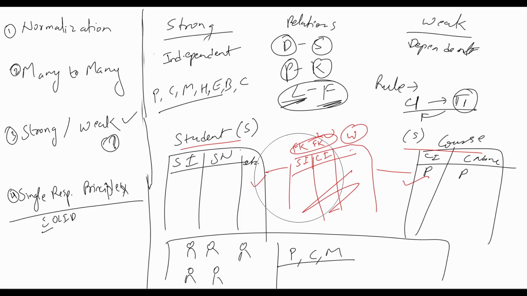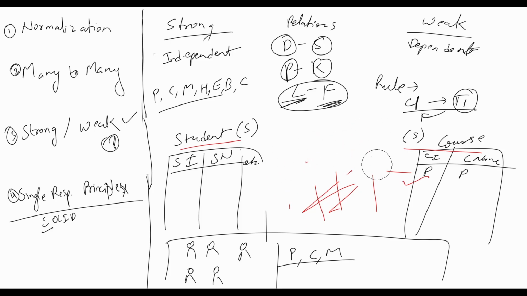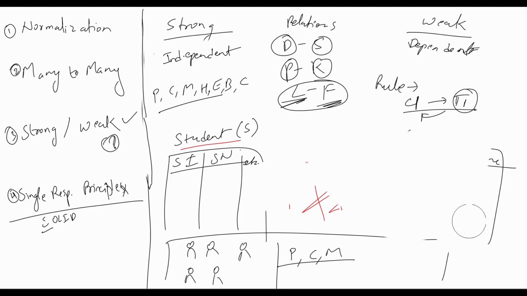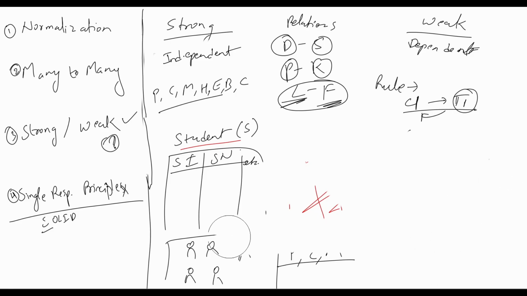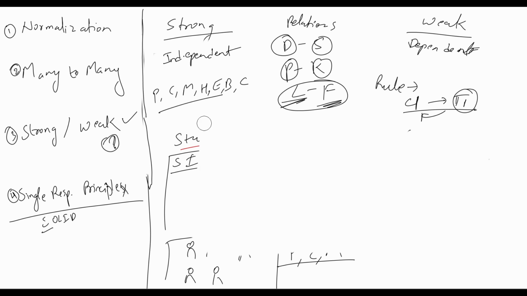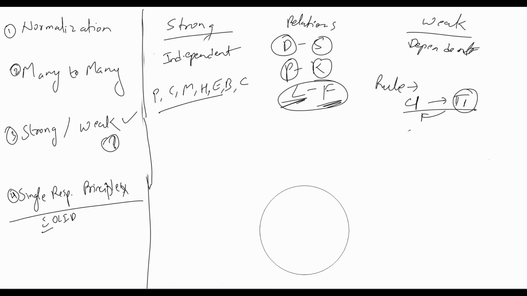So the concept of strong and weak entities is very important in designing any database, because you have to know where the IDs are being passed, where the foreign keys are being passed, where the primary keys are being passed, right? You have to know all those details. Otherwise, you cannot make a database.